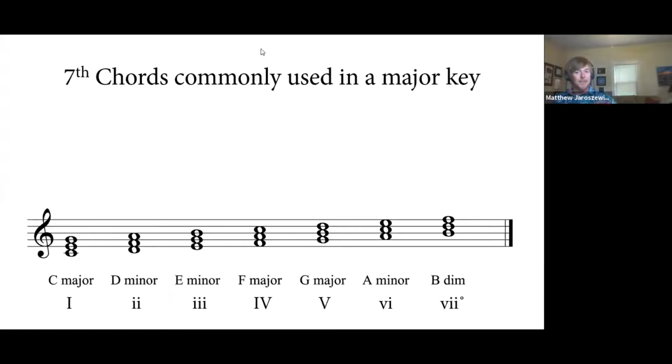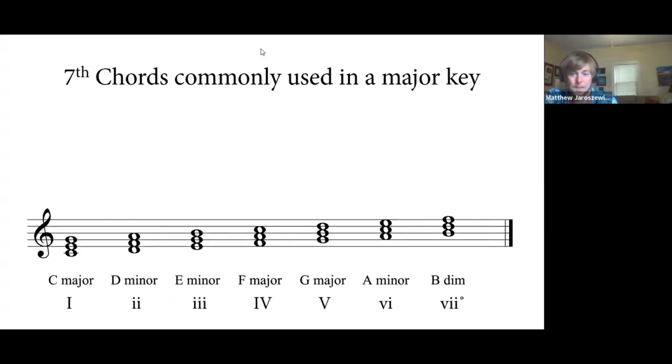I mentioned at the beginning of the second session 2 weeks ago that when we take a triad and add another third on top of it, we get what we call a 7th chord, a 4-note chord with a third, a fifth, and a 7th on top of it. Now, we're not going to have a 7th chord for every single triad of this scale, but we are going to have a few 7th chords that we're going to use.